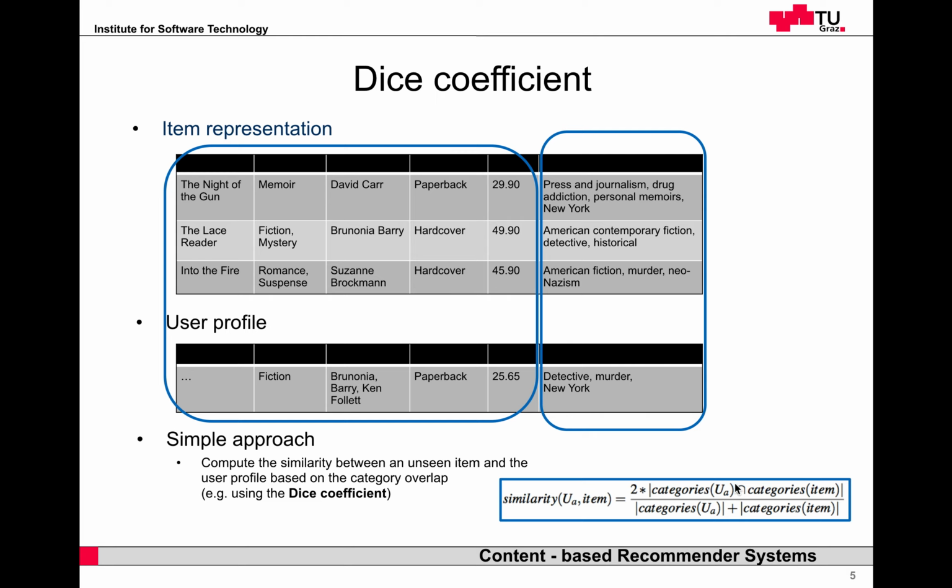In the upper part of the formula, we multiply 2 by the overlap of categories between the user profile and the item description. The bottom part of the formula is the sum of the number of categories of the user profile and the number of categories of the item representation.